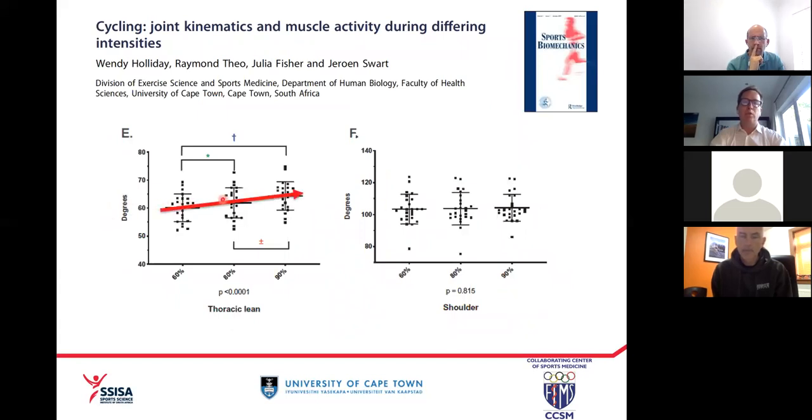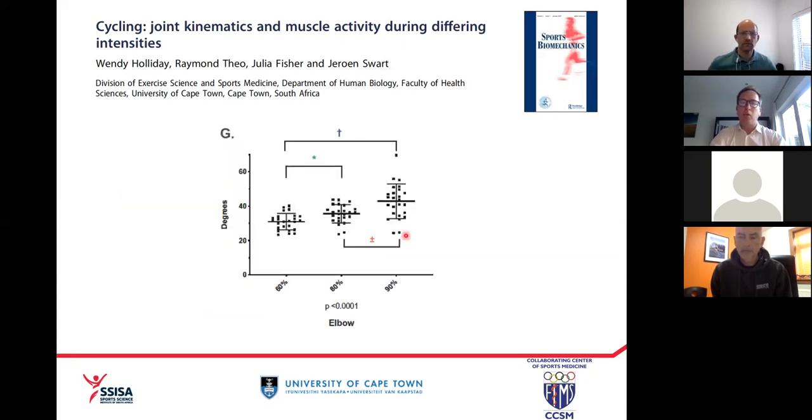In other words, the torso is more horizontal as you move to a greater intensity. The shoulder joint also remains in the same flexion range and doesn't change. And so that gives us a nice understanding that the static measures, even though they measure in a different way, are valid across a range of intensities and are not affected by the intensity at all.